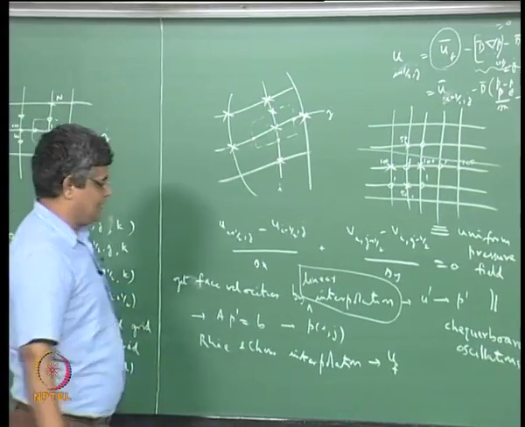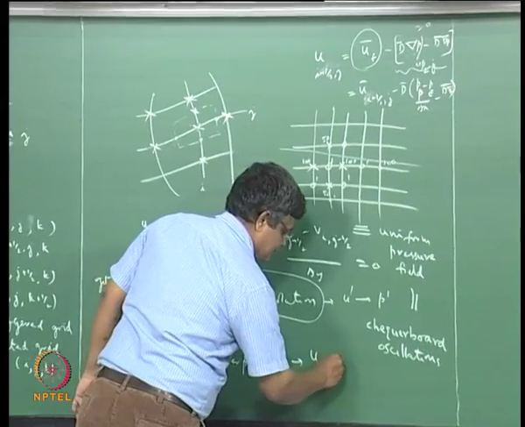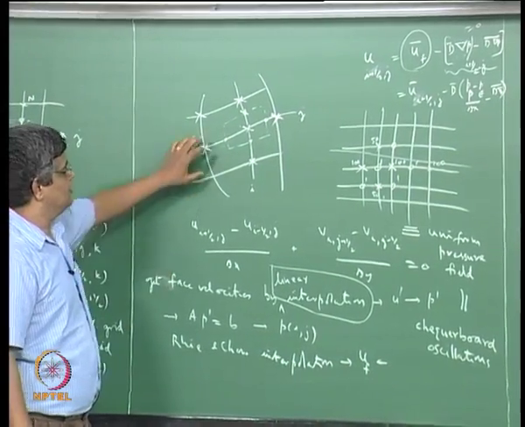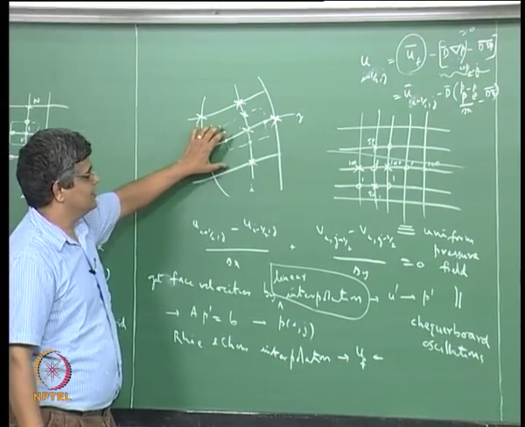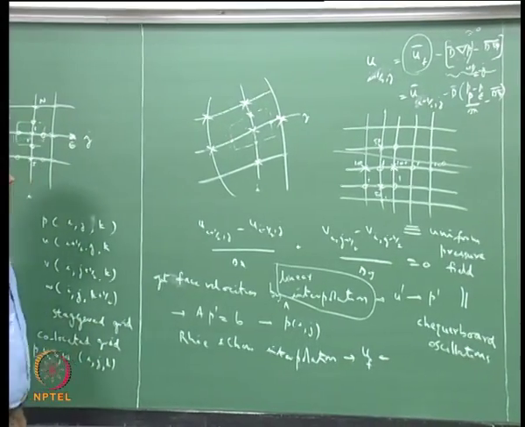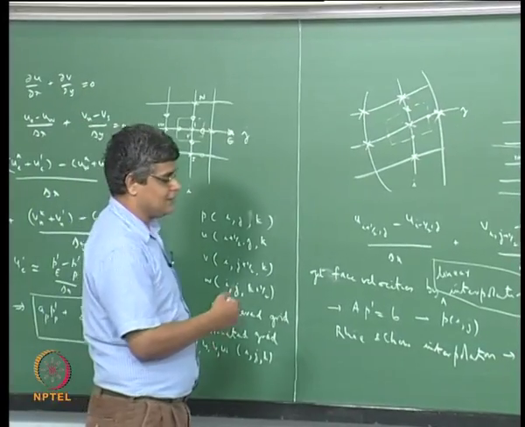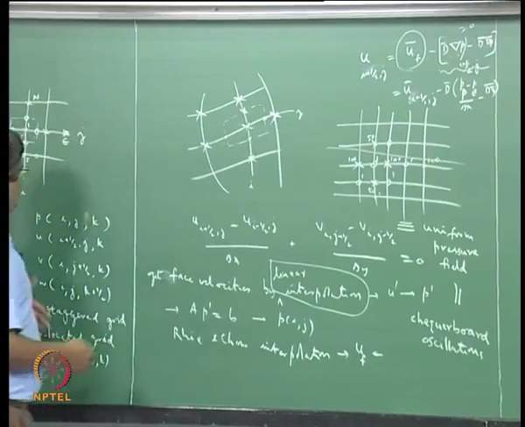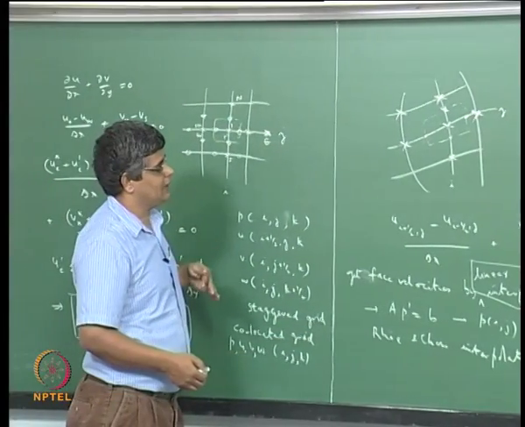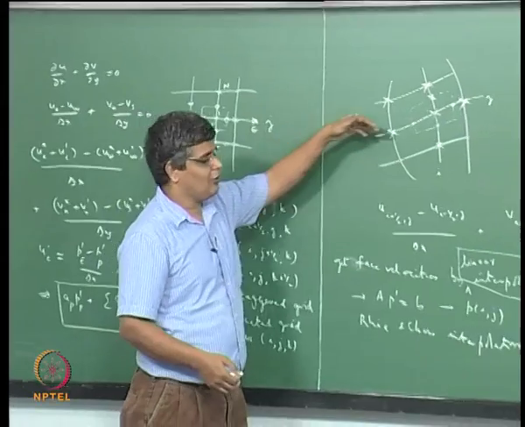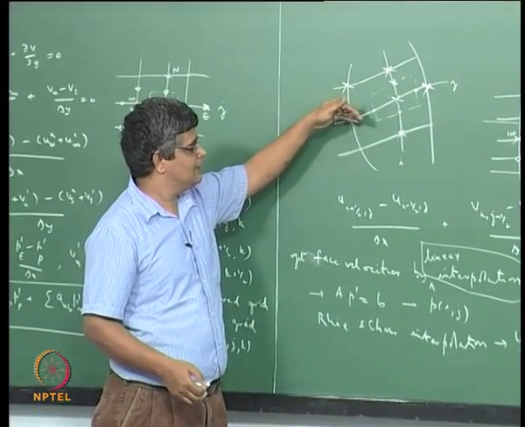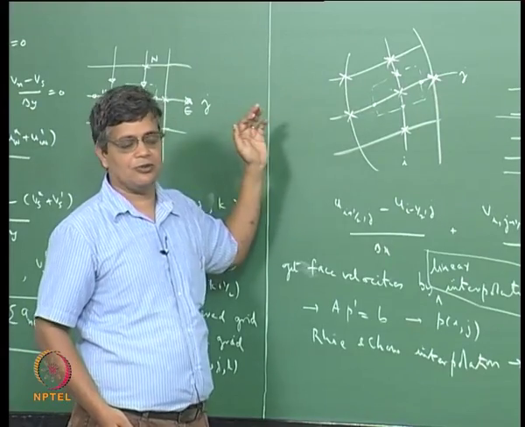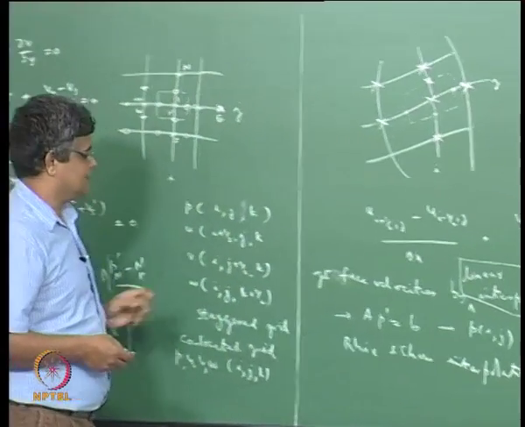So this approach has made it possible to use a collocated grid for a structured grid approach, and so this has really enabled the extension of the SIMPLE type of calculation procedures to a body fitted grid system, because in these systems it is possible only to use a collocated approach and not the staggered approach.